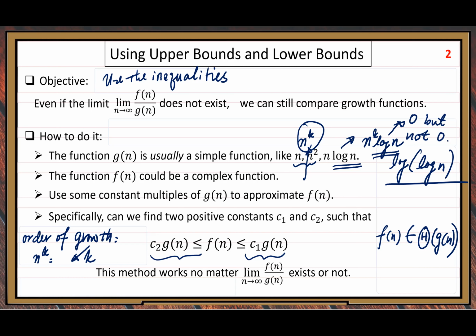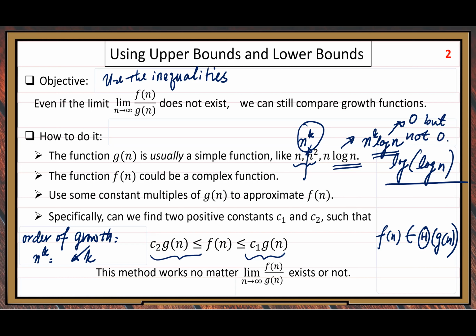Later I will give you some special method to handle the order of growth for the log function. There is some complexity here, but I delay it until we work on some homework questions.